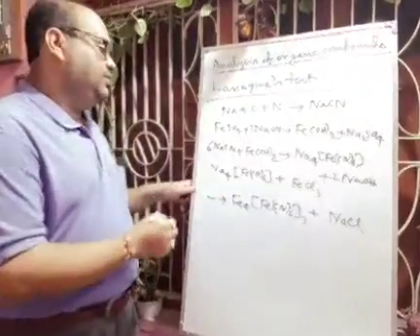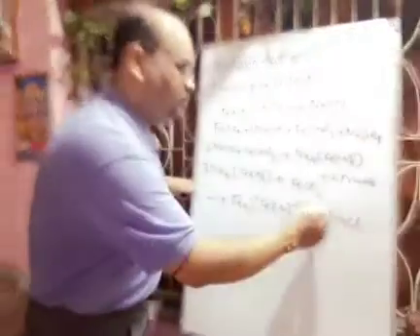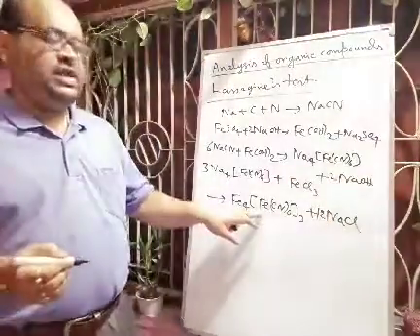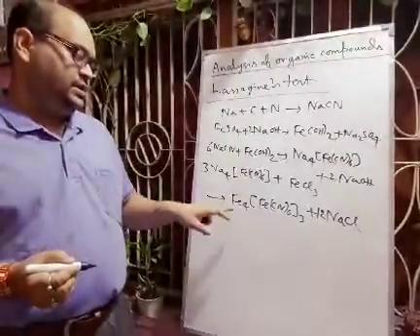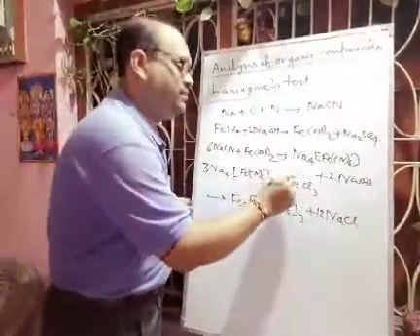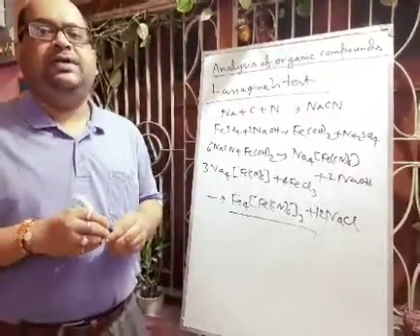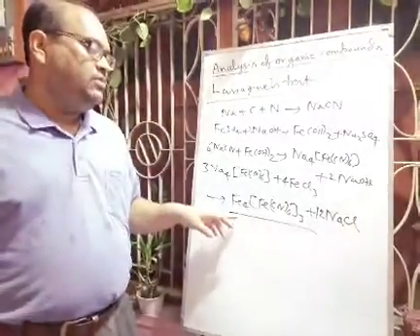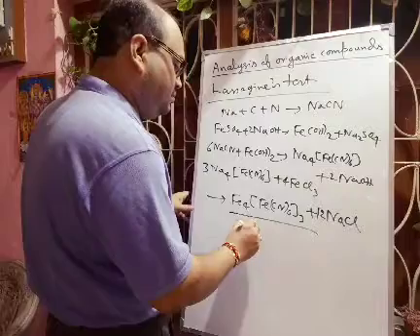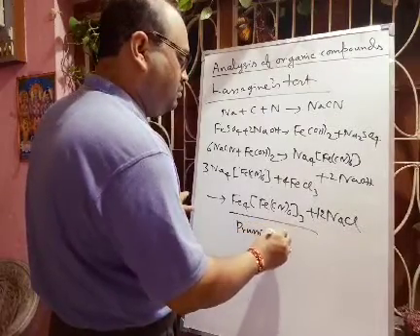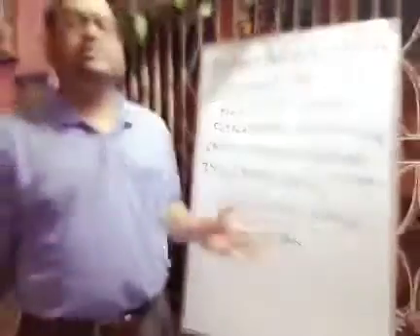Here you put 3, then you have to put 12 here, and how many ions are there here? 3. Already here 3 is there, and 4, so you have to put 4 here. And this compound, again I am telling, is called ferric ferrocyanide, and its color is Prussian blue or green. So from that color you can confirm the presence of nitrogen.